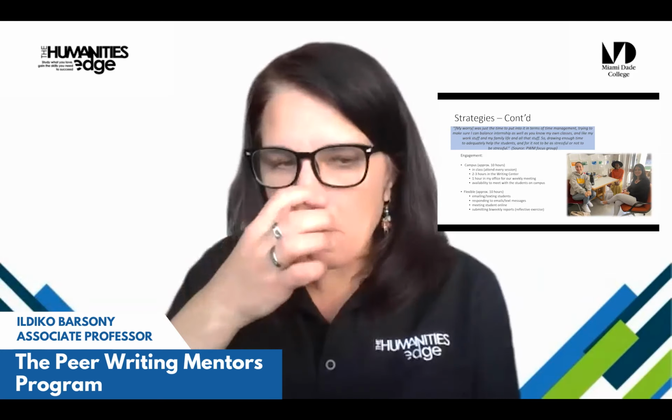So I send them an email, and in that email, I outline the engagement, what this job will involve, because that job description online, even though there are a lot of bullets, is very broad. So I tell them that they will work about 10 hours on campus and 10 hours flexible, on campus and at home. They have to attend every class.